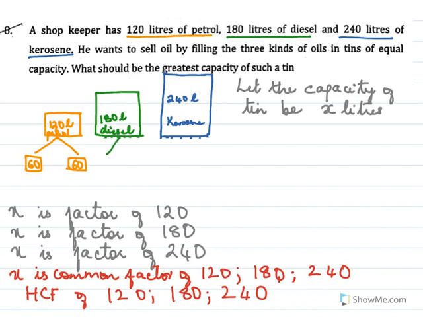When it comes to diesel, you get 3 cans, 60, 60 and 60. And when it comes to kerosene, you will get 4 cans, 60, 60, 60 and 60. So the cans that he has to manufacture are of 60 liters.